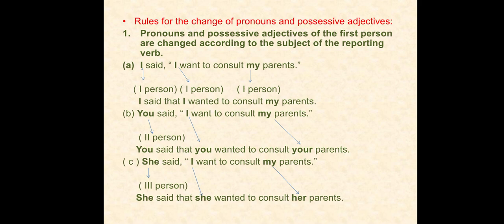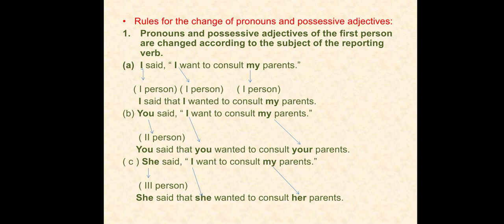Next, you said, "I want to consult my parents." So according to "you," second person, our answer will come like this. You said that you wanted to consult your parents. See, she said, "I want to consult my parents."